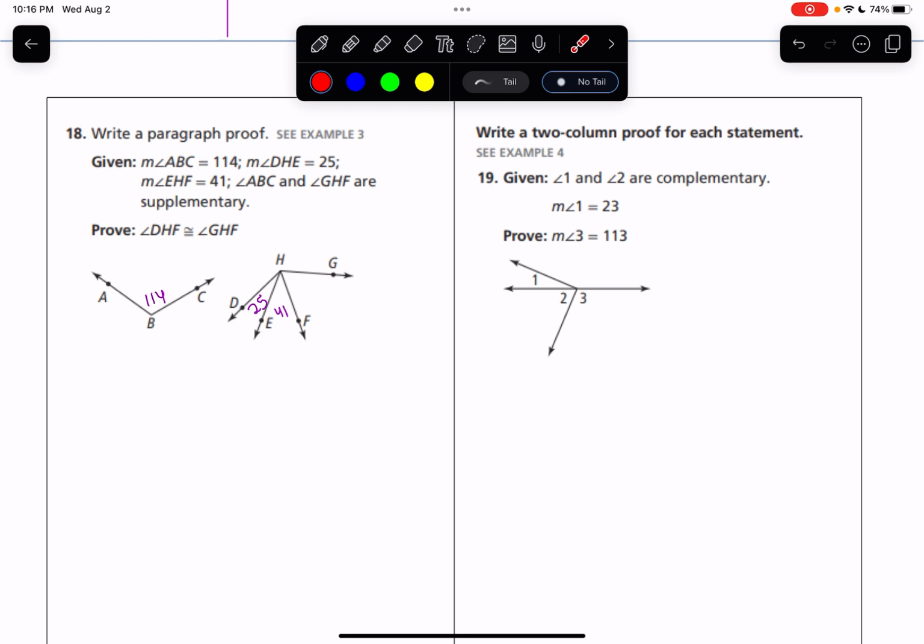So that's a lot to think about, but let me think about where to start here. Let's try and figure out what these two angles are all together, right? We would just add them. When we're adding, we're using the angle addition postulate.